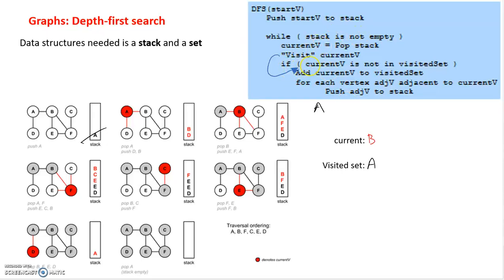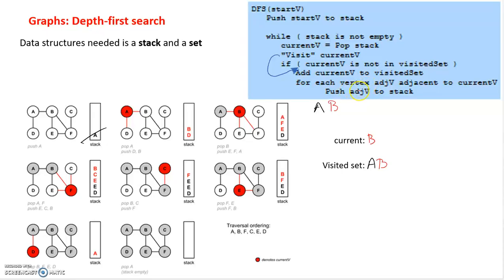And go through the statement. If this current vertex B is not in the visited set, which it is not, we are going to visit it, print it, and then add it to the visited set. There's B. And then moving on to this for statement.